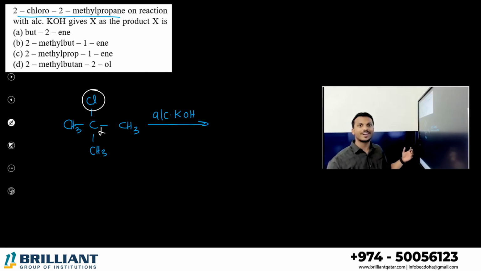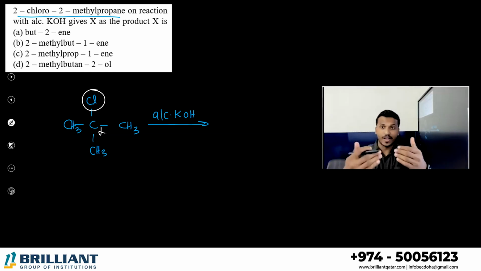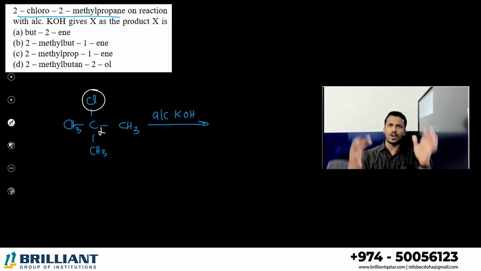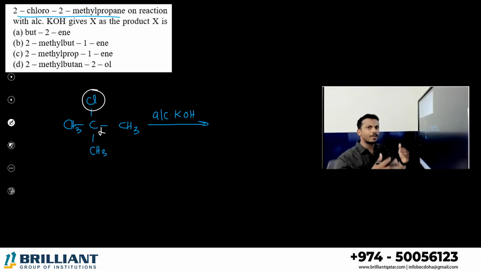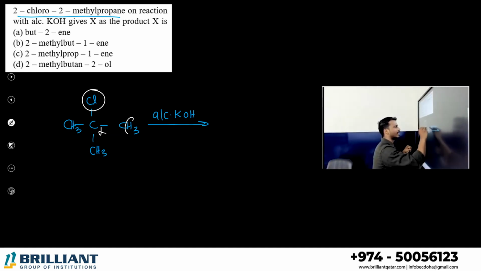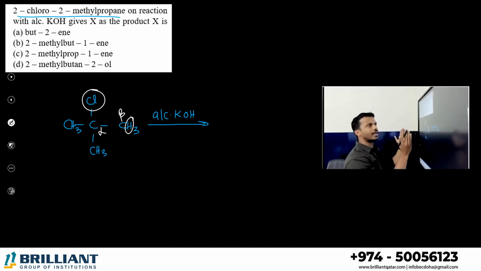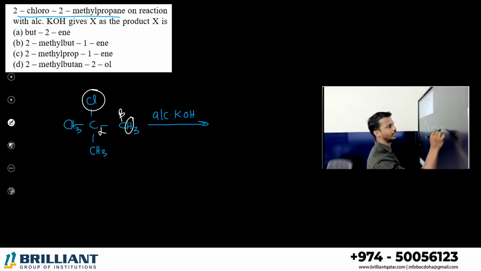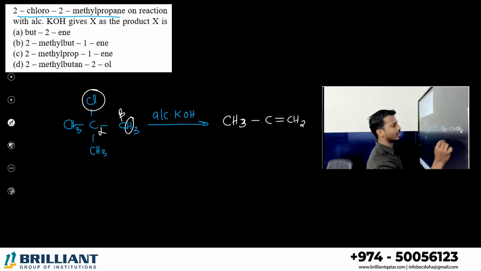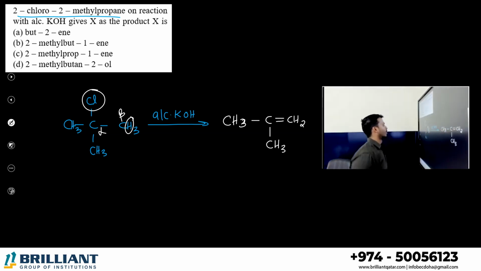Total how many beta carbons are there? 3 beta carbons. The carbon directly connected to the alpha carbon is called beta, and a beta carbon containing hydrogen gives a beta hydrogen. During beta elimination, take your halogen from the alpha carbon, take one hydrogen from the beta carbon, and make a double bond between alpha and beta. Finish. What is the product?